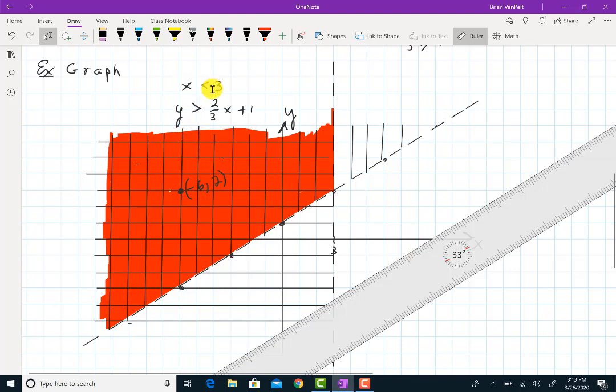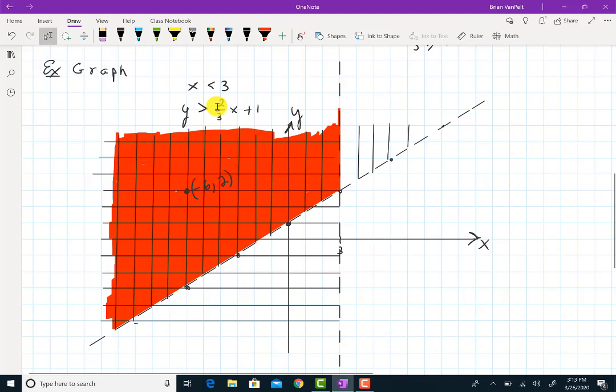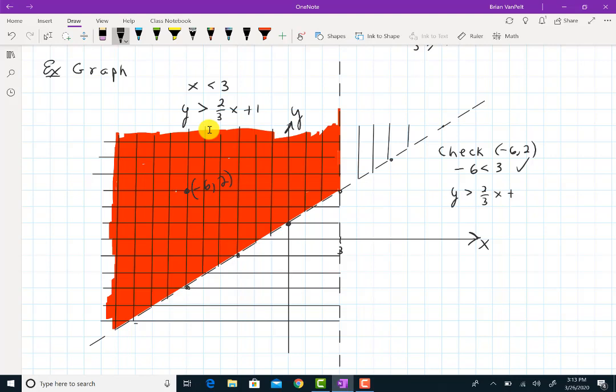Let me see if (-6, 2) works for all of these things. Let me get my ruler out of the way. Let's check to see if (-6, 2) is a solution. Then I'll feel really good about the region that I have shaded. So first, is x less than 3? Well, -6 is definitely less than 3. Got that. Now, on the other hand, we had y is greater than 2/3 x plus 1.